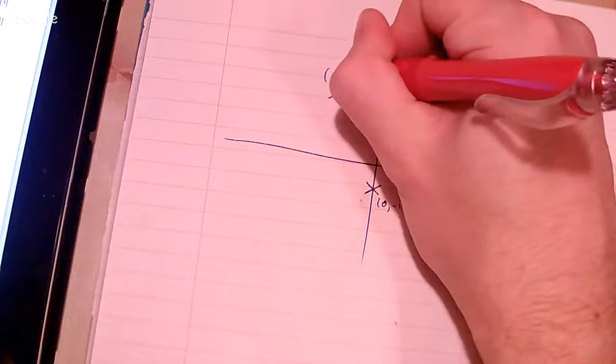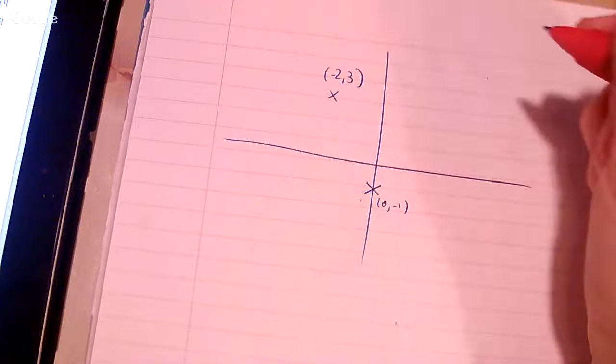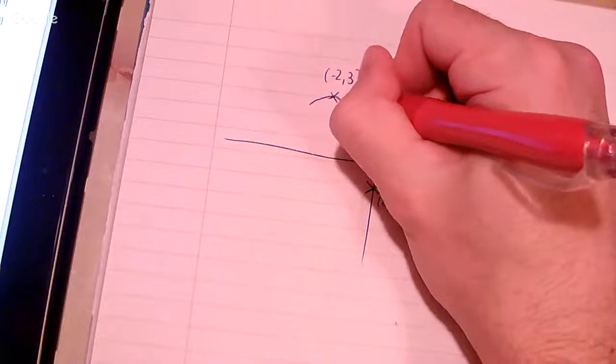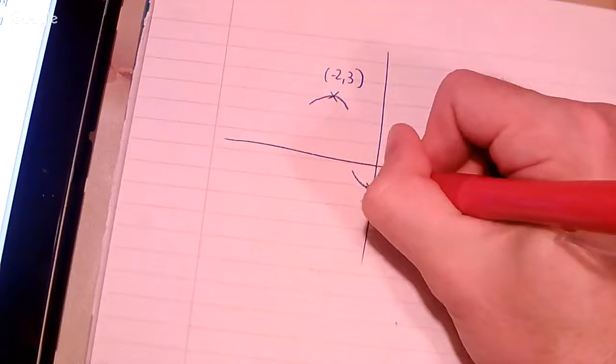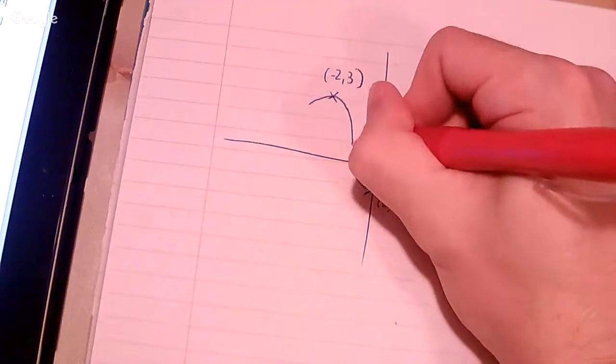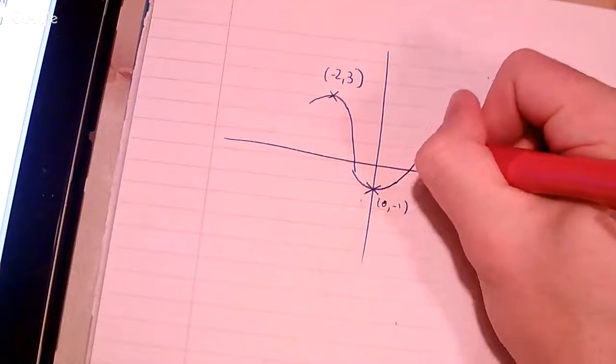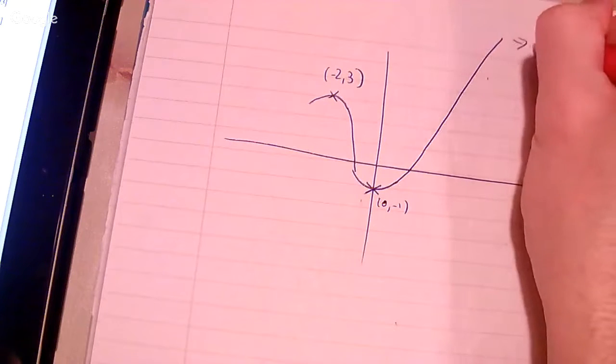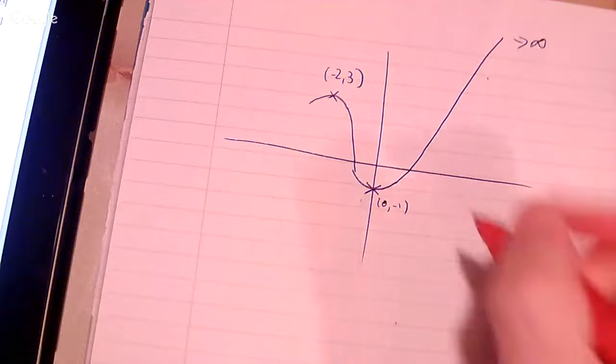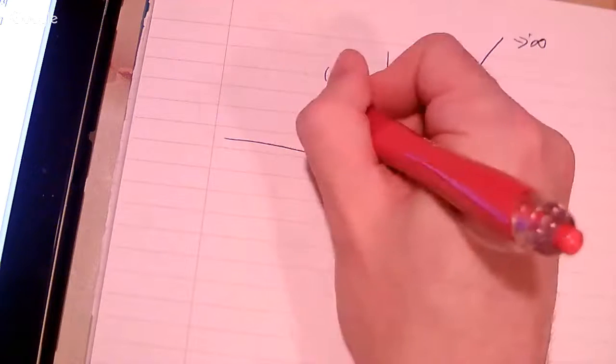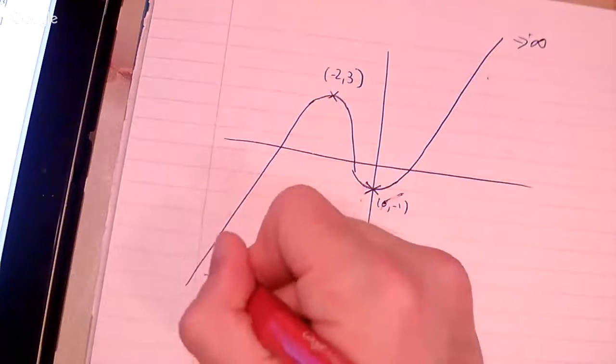So -2, 3 here. Okay, so because that's a maximum, I know it's going to look like that, and because that's a minimum, I know it's going to look like that. So basically, I just join those up, and this shoots off to plus infinity, and this one would shoot down and tend to minus infinity.